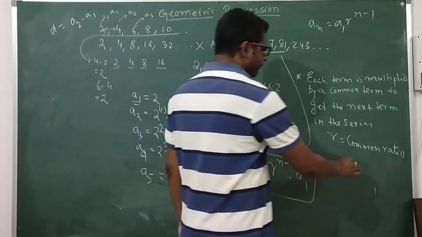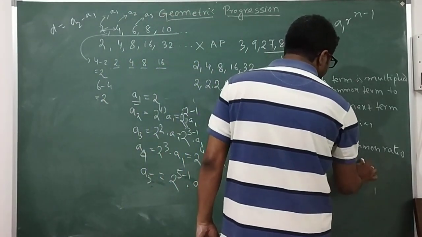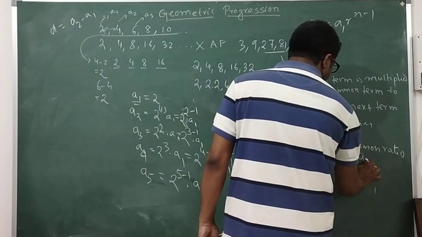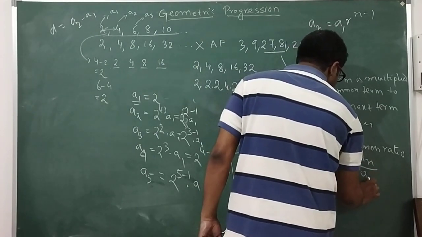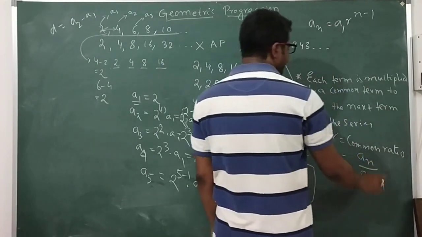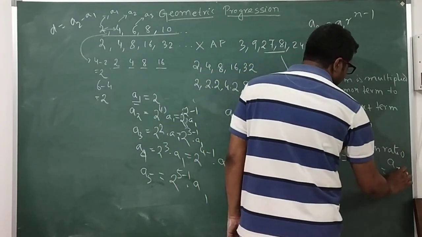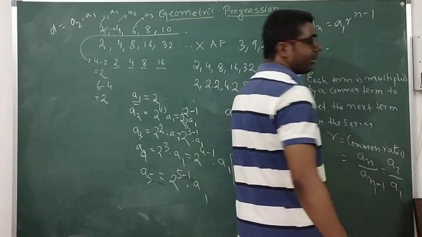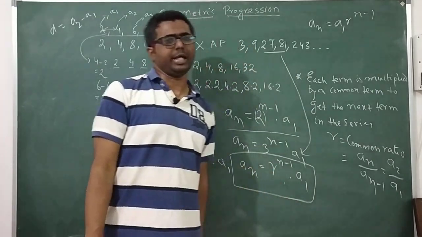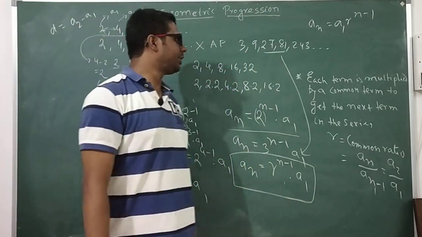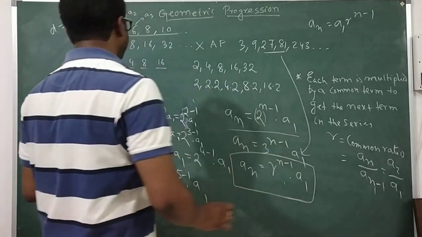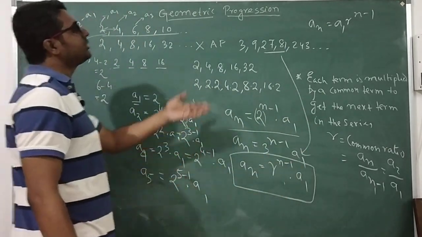Similarly, if we have to find the common ratio, we just have to divide An by An minus 1. If n is equal to say 2, then A2 by A1 or A3 by A2, like that we have to find it. Okay, so this is the complete theory that I have explained behind this formula.